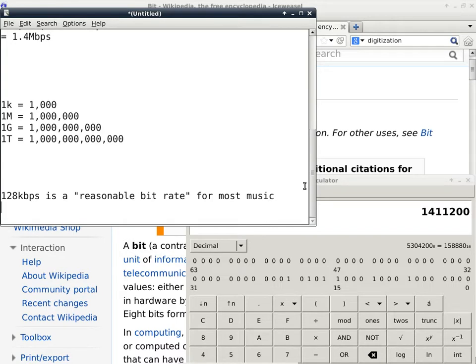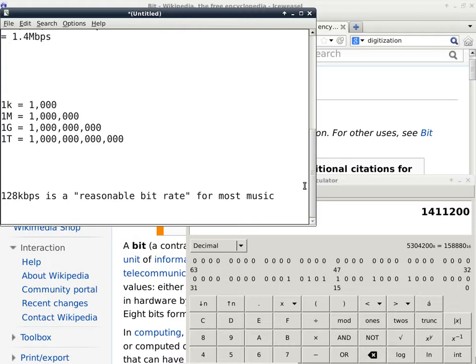And that has to do with most people not having a high-speed connection that can continuously support 1.4 megabits per second. 128 kilobits per second is doable for most people. A 3G connection can do that. But 1.4 megabits per second, I don't think that's a 3G type of connection. There has to be a 4G connection at least.